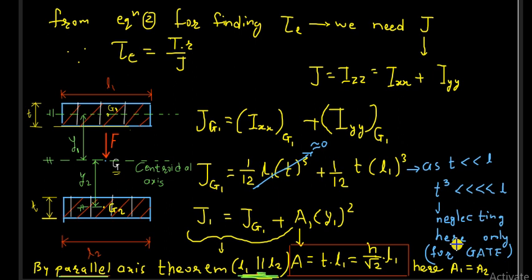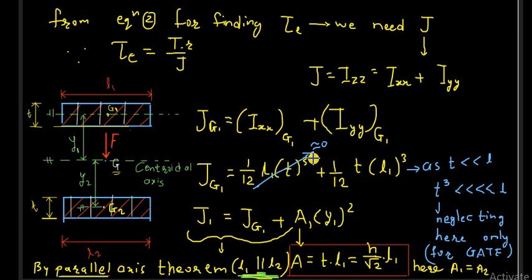For example, if you are solving a question in GATE, then you can neglect it. Otherwise, in case of ISRO or engineering services, if you are given the value of T, then you should not neglect it. Here we are neglecting it.